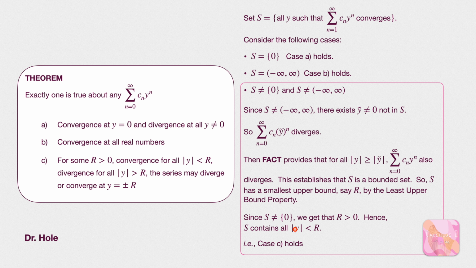And once we have that, as R is a smallest upper bound, then everything less than that value, capital R, in absolute value must be contained in S. That's simply the definition of the smallest upper bound, which is exactly the statement of case C.